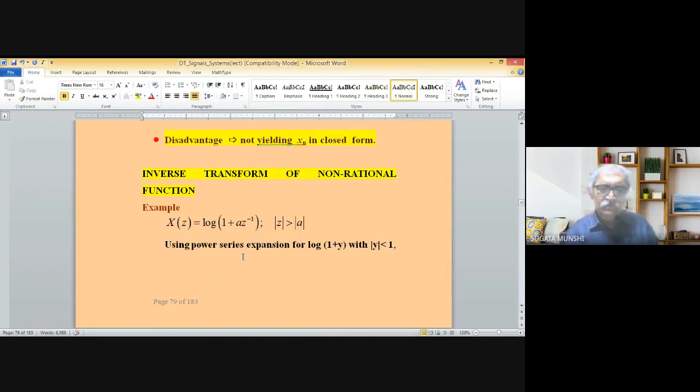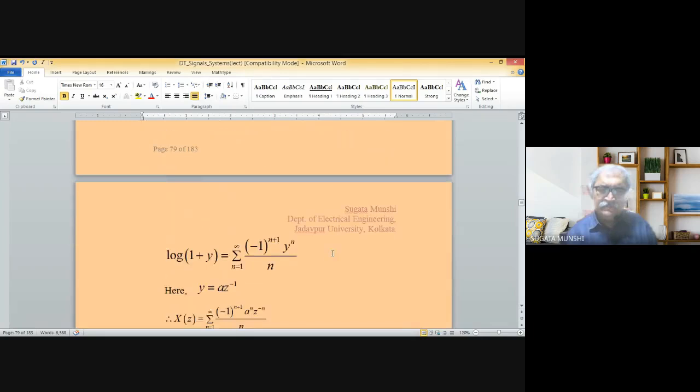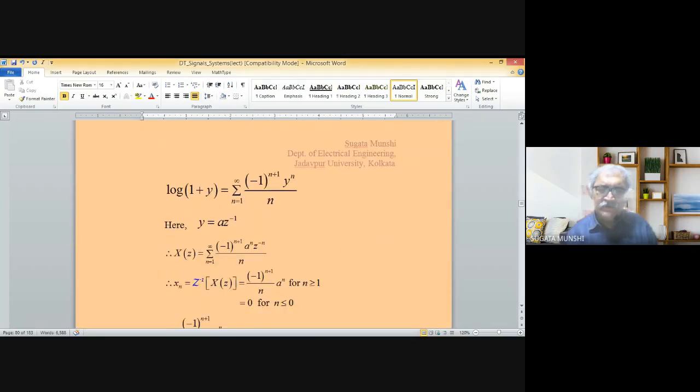Now, for magnitude of y less than 1, the power series expansion for log of 1 plus y. Have you written this down? This is the power series expansion. Log of 1 plus y will be summation over n equal to 1 to infinity, minus 1 to the power n plus 1 divided by n, times y to the power n.